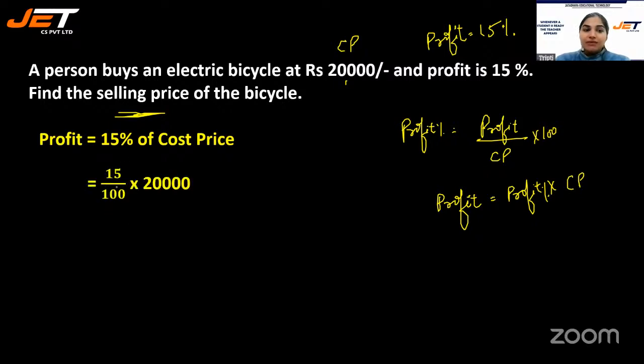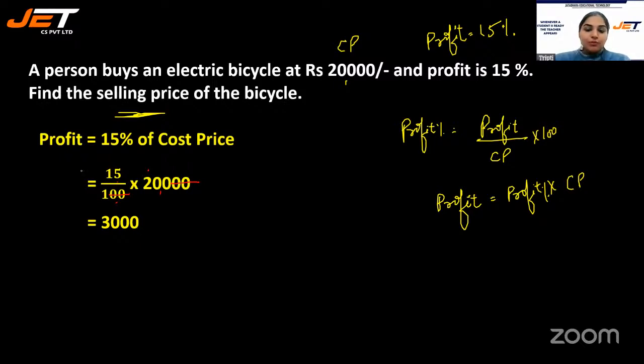Here 15% means 15 by 100 times the cost price, 20,000. When we solve it, 2 zeros cancel from here and from here. 15 times 200. So 15 times 2 is 30, and then 2 zeros extra. That is 3,000 rupees is the profit.